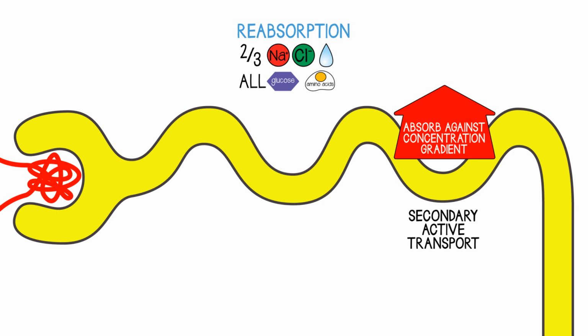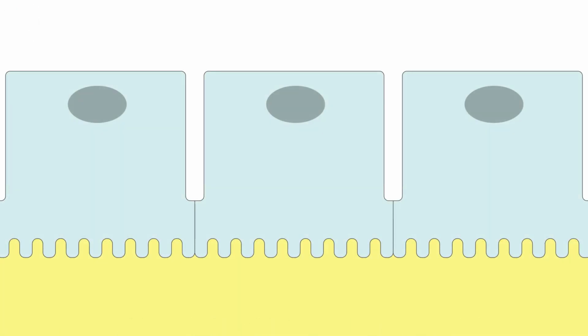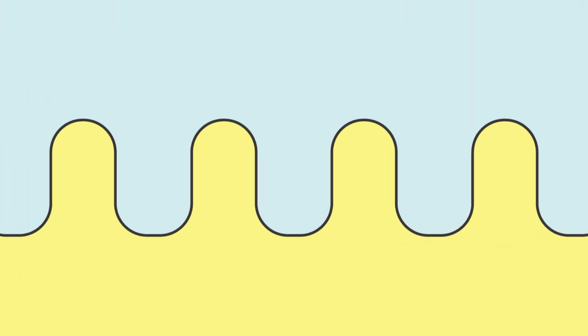The way secondary active transport works is that we would have a cell, in this case a proximal convoluted tubule cell, and on its luminal membrane, which is the membrane which faces the tubule lumen, we would have an SGLT transporter. Well, lots of them really. The SGLT transporters are sodium-coupled glucose transporters.